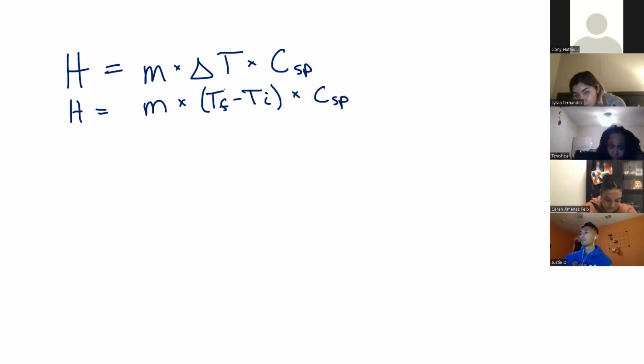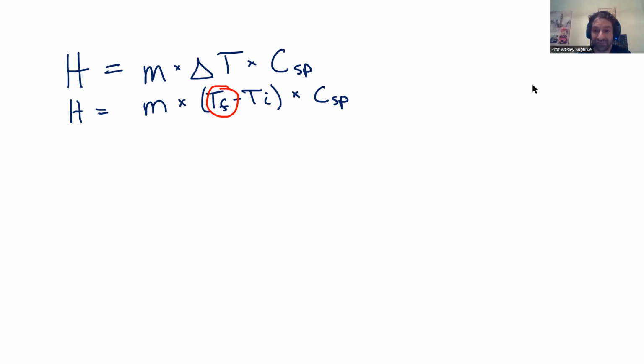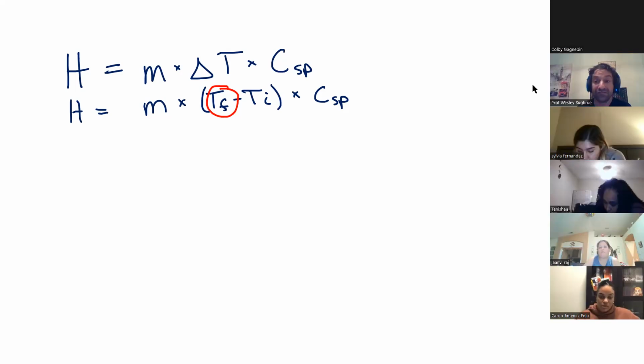Let's identify what we're solving for, final temperature, okay? That's the one we want to have everything set equal to. The thing that we're trying to solve for is the thing that we want to have set up for finding the solution to, okay?